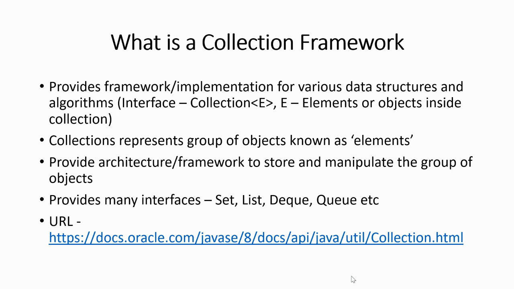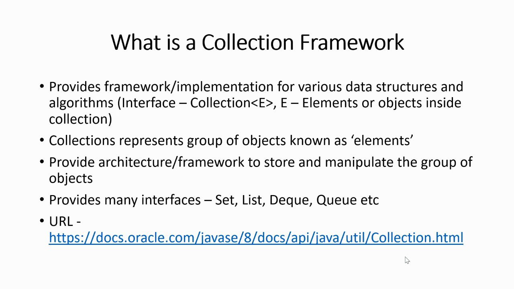The interface for the collection is Collection with a diamond operator as E. E is nothing but the elements or objects inside the collection. A collection represents a group of objects known as elements.